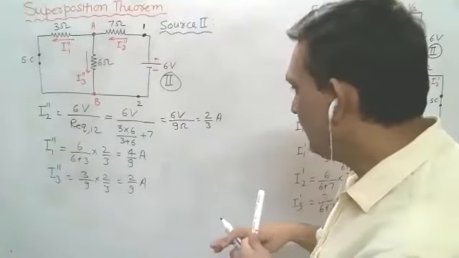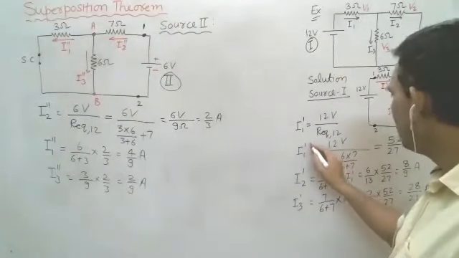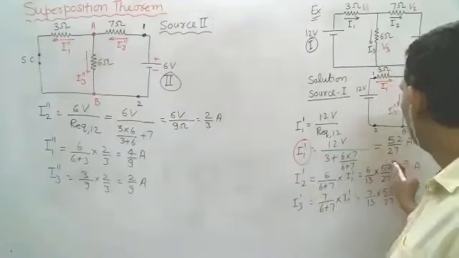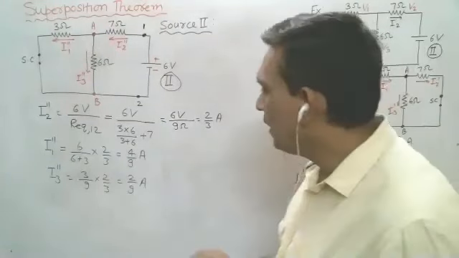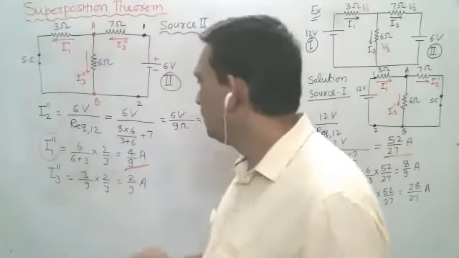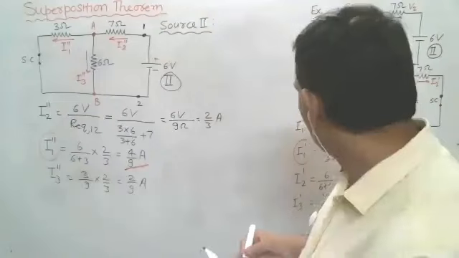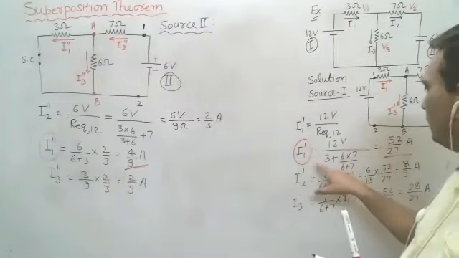Let us first see what will be I1 double dash. So I1 double dash is this value. Compare these values. Which one is greater? 52 by 27.